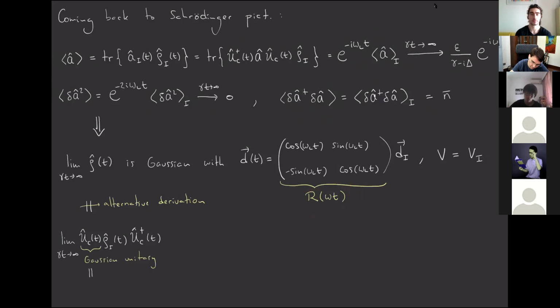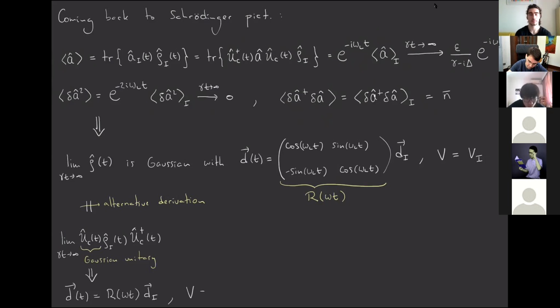So if you remember, this implies that the d, the mean vector of the state transformed by the Gaussian unitary, is just applying this linear transformation in the phase space.